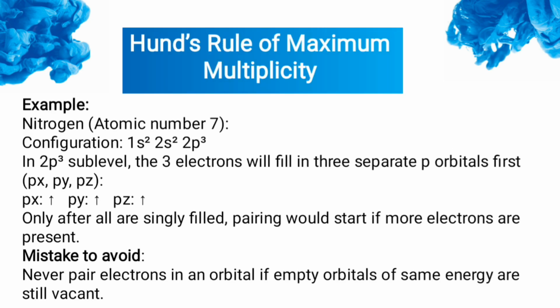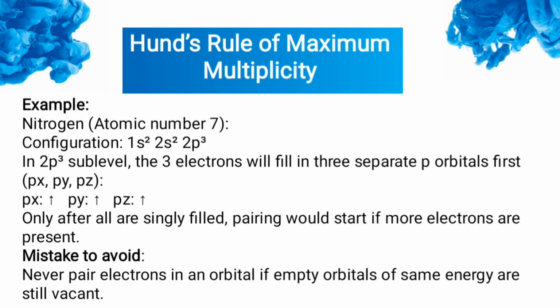Examples: nitrogen, atomic number 7, has the configuration 1s2, 2s2, 2p3. In the 2p3 sublevel, the 3 electrons will fill 3 separate p orbitals, first px, py, pz: px1, py1, and pz1.